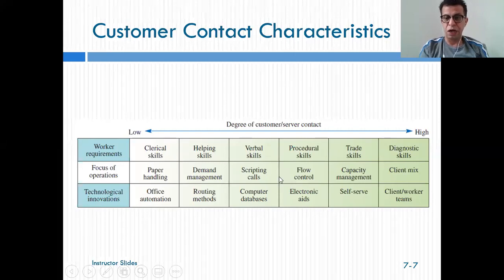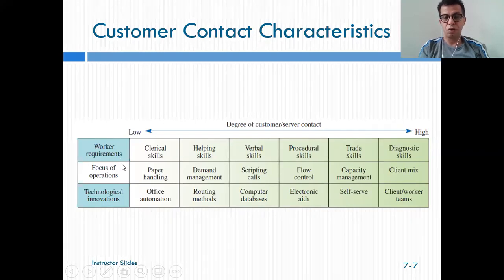But if it's very high, you need somebody with diagnostic skills, trade skills. So how much this level is determines where you want to fit from the worker requirement.